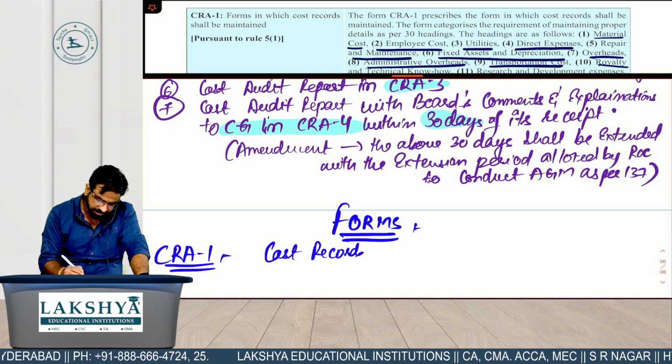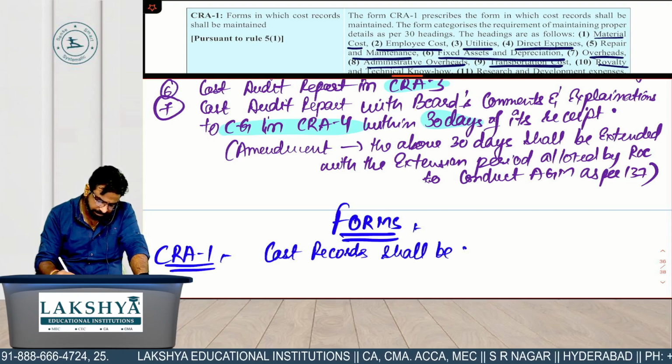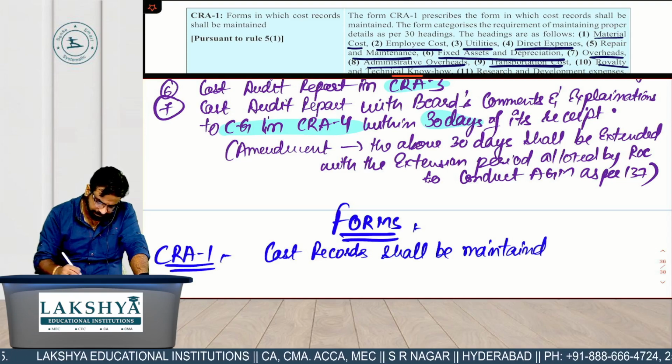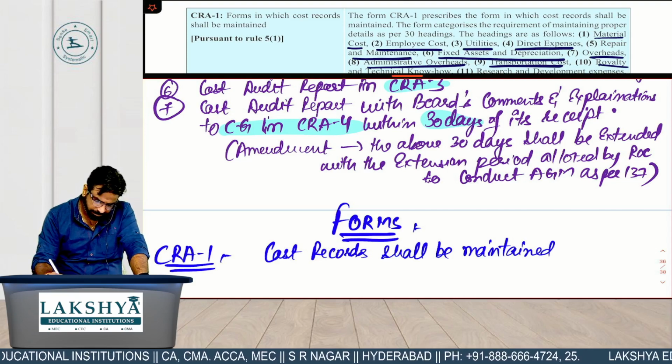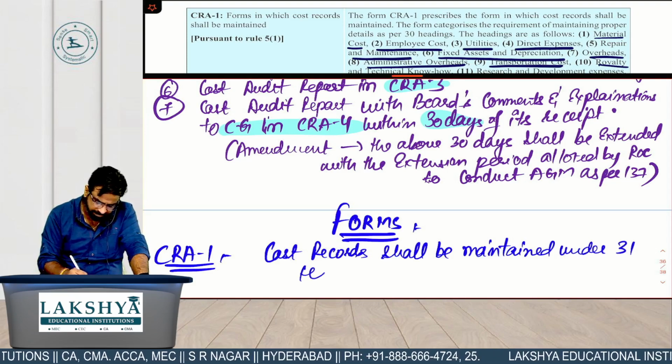Cost records shall be maintained under 31 headings.